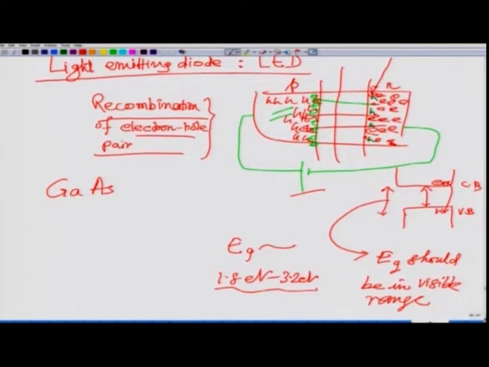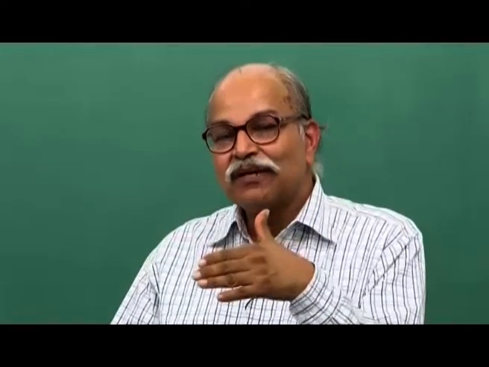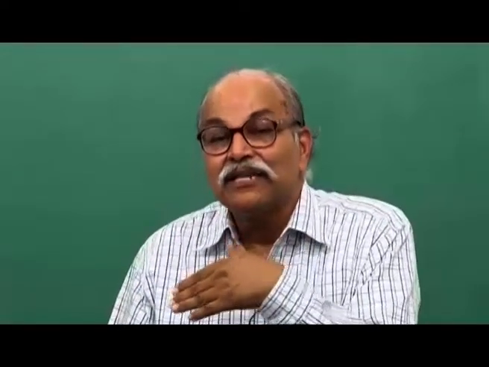Gallium arsenic together with some amount of phosphorus, then gallium nitride, then indium, some silicon carbide. There are some materials people have worked out very hard, and by properly mixing these materials, they are able to produce band gaps corresponding to visible light with different wavelengths.